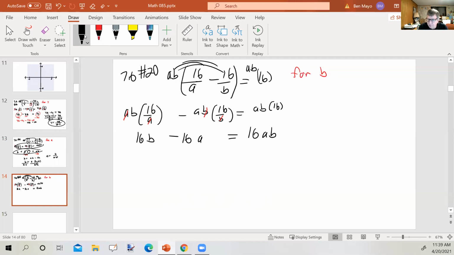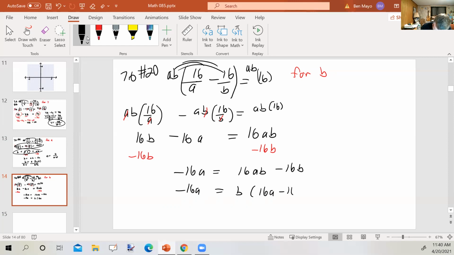Since I'm trying to solve for B, I'll get all the terms with B on the same side of the equation. So I'm going to subtract 16B from both sides, giving me negative 16A equals 16AB minus 16B. Then I'm going to factor B out of the right-hand side, giving me 16A minus 16.